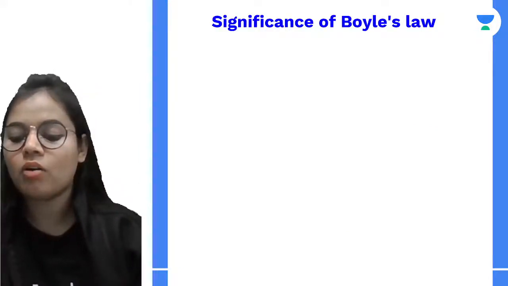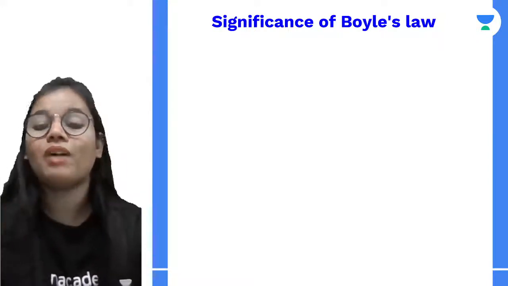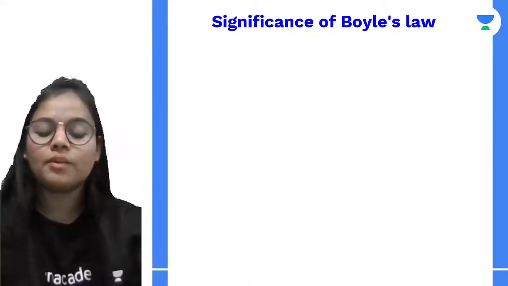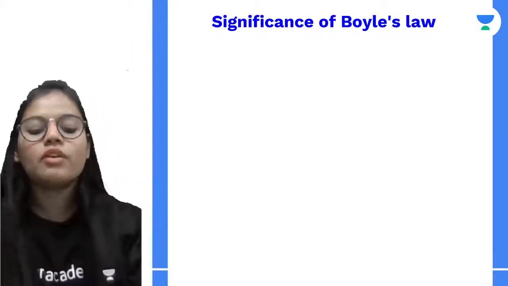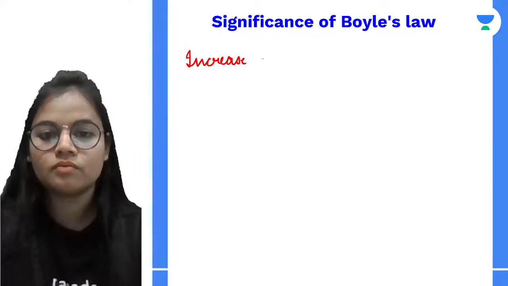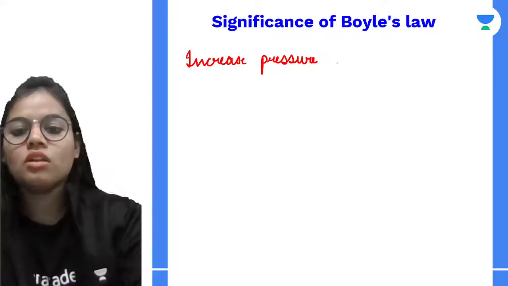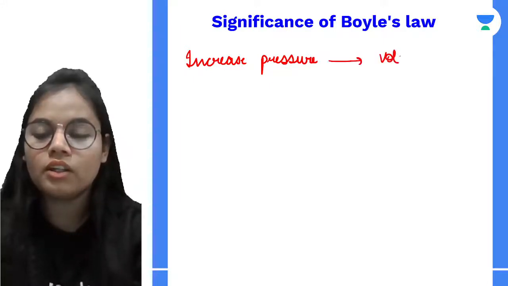Now if I talk about the significance of Boyle's law, why or where we are using it. According to Boyle's law we saw that when we increase the pressure, what happens? Since they are inversely proportional, the volume decreases.